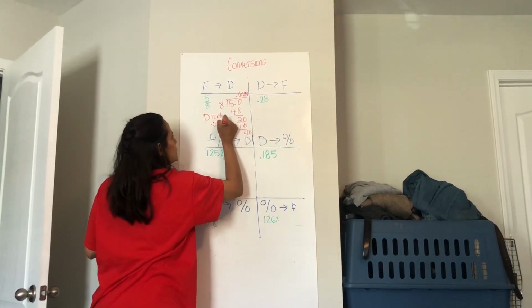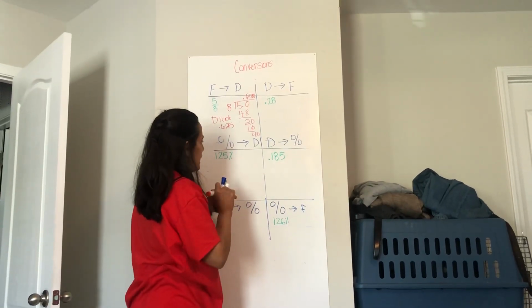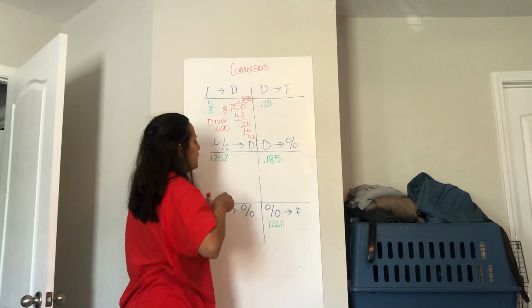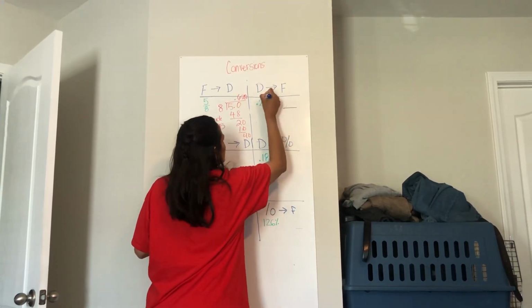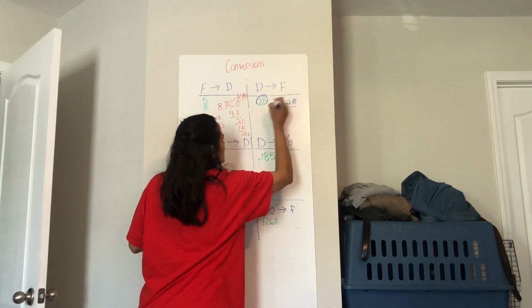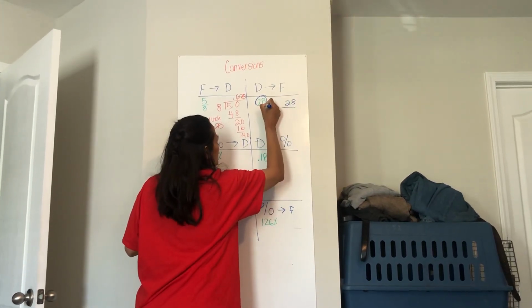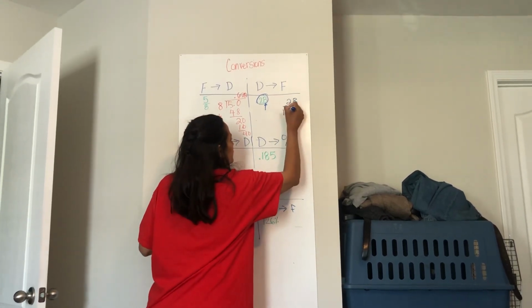Okay? So when we want to take a decimal and make it a fraction, our numerator becomes this number of 28. And the 8, the place value of the last number, is your denominator.